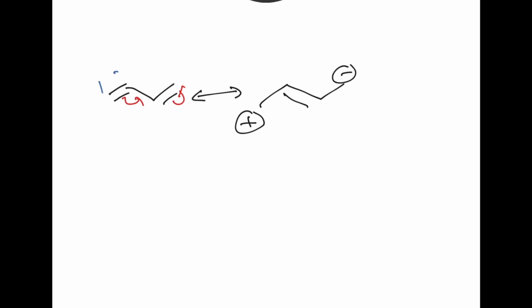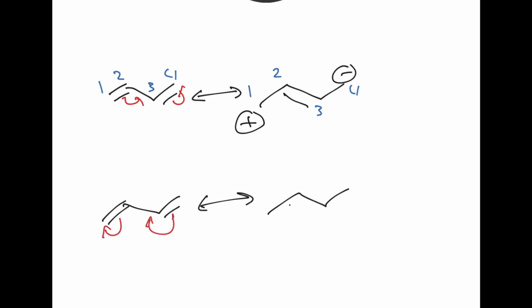If I go 1, 2, 3, 4, my electrons move, and I can have a positive end and a negative end. Now, since this is symmetrical, they can also just as easily move the other way. But those electrons are able to move back and forth.